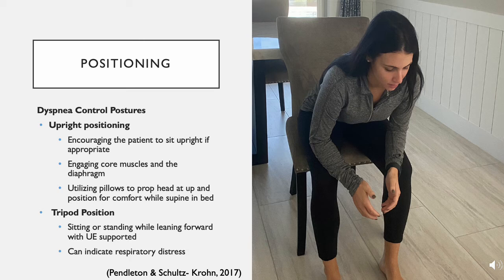But this is good to help with shortness of breath. So this is when the patient's leaning and can be standing with upper extremity supported. So also another time you can see this is when individuals are at the supermarket and they're kind of just leaning their upper extremity on the cart and breathing deeply.